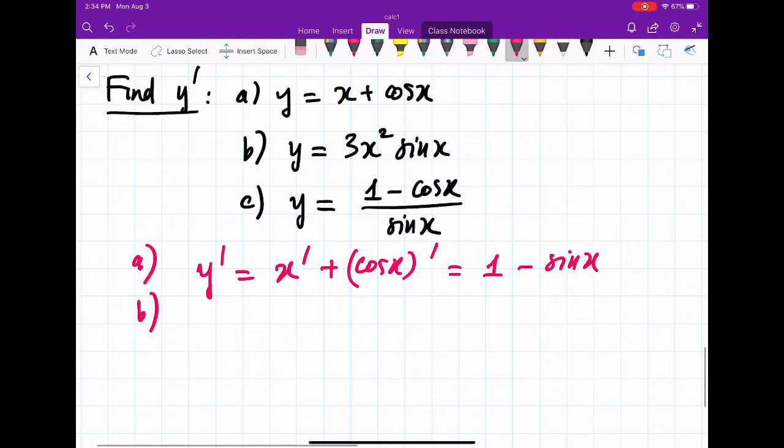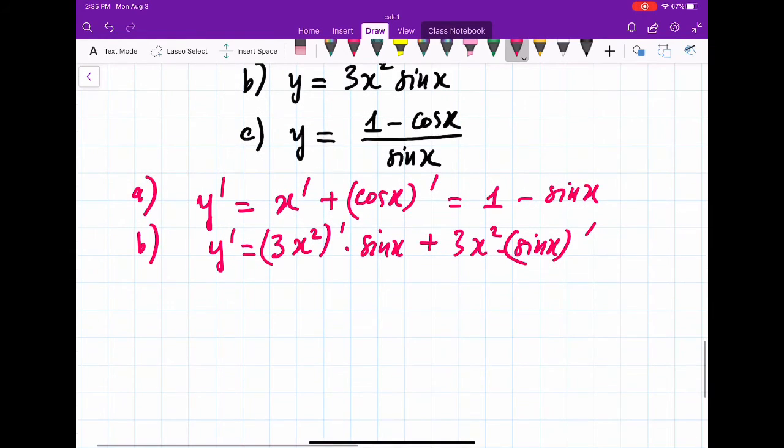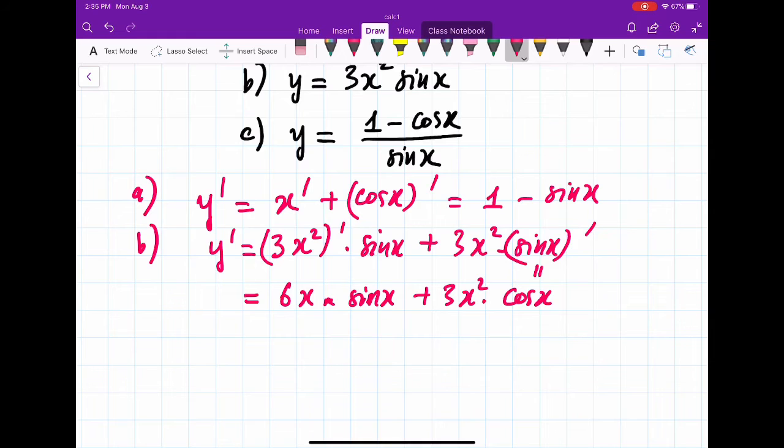For the second function, I need to use the product rule because we have a product of two functions. I have the derivative of 3x squared times sine of x plus 3x squared times the derivative of sine x. And the derivative of 3x squared is 6x, right? We have 6x times sine x plus 3x squared times cosine x. That is the derivative of sine. That's it. Okay.